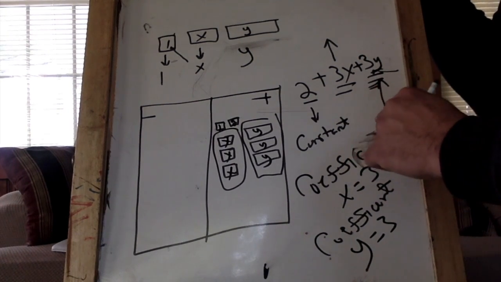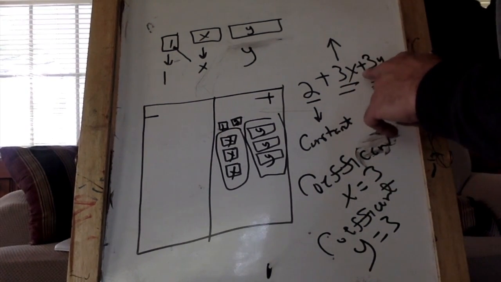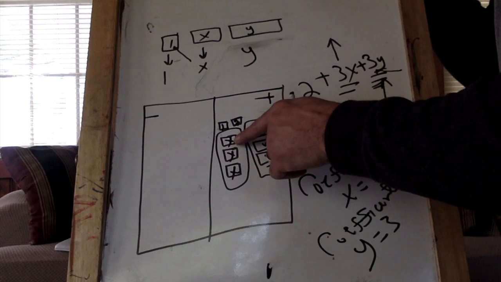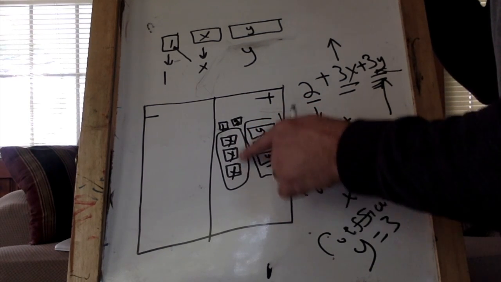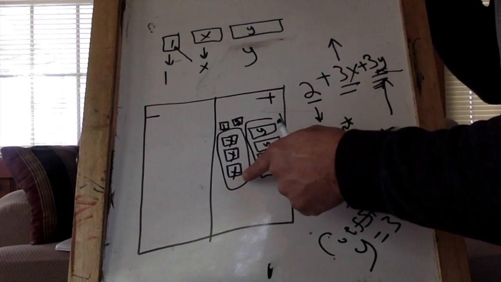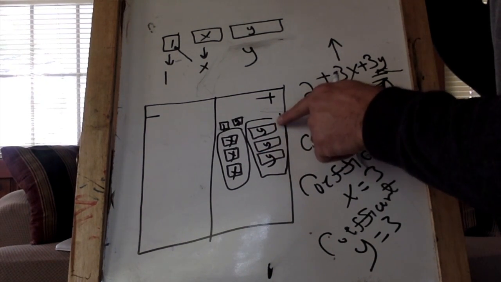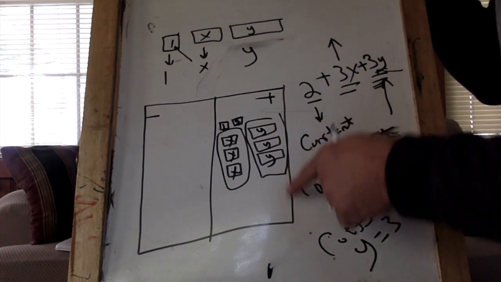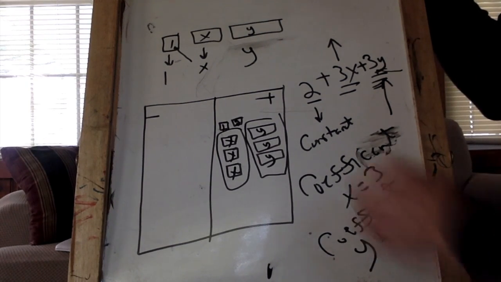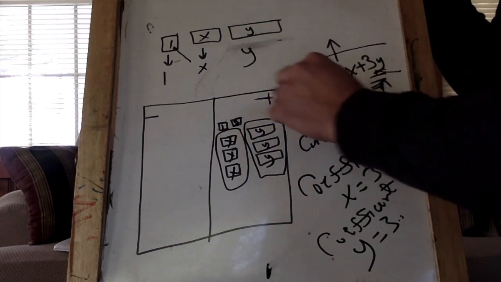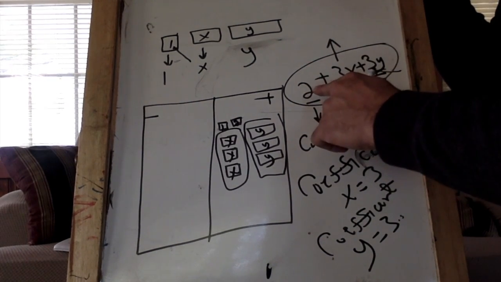So now how can I tell I have the 3x on the table? Well, I know that each of the medium rectangles represents x, and there's 3 of them. So there's our 3x. The larger rectangles, which each represent y, there's 3 of those, which means that I have 3y. So at the end of it, we have our constant, which is 2.